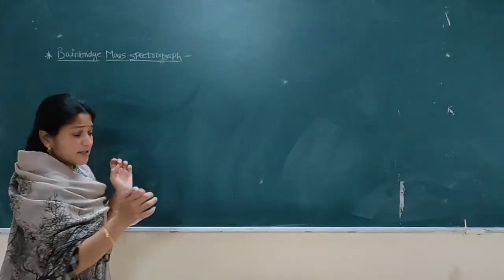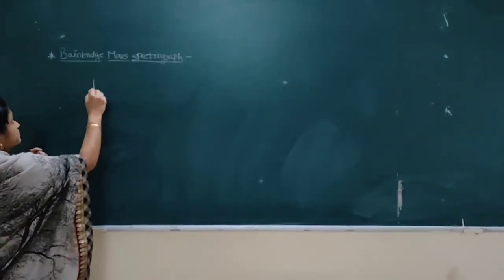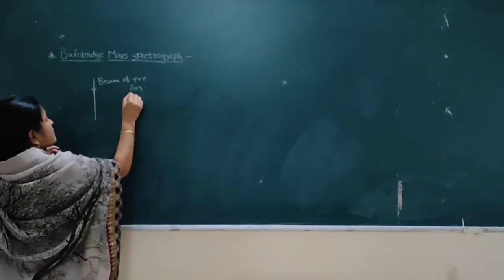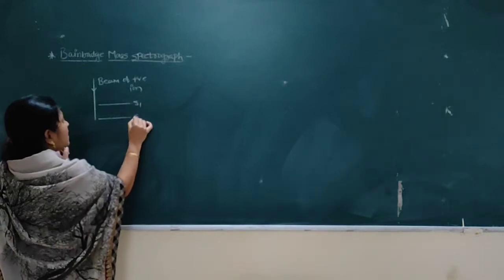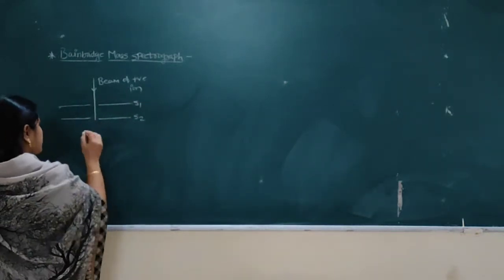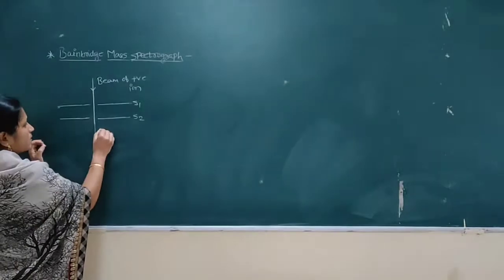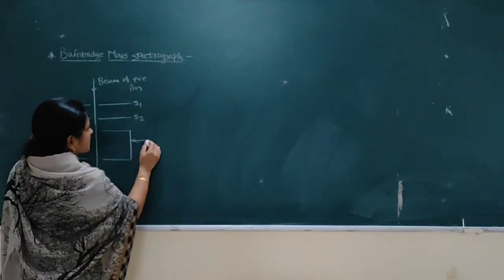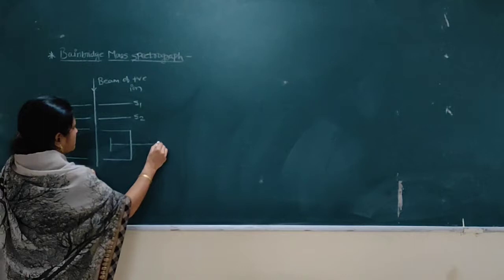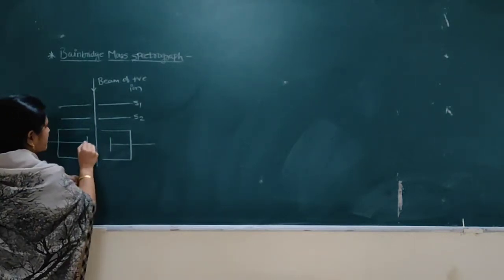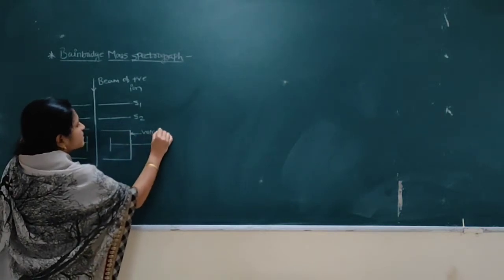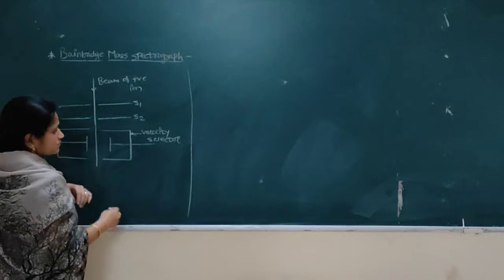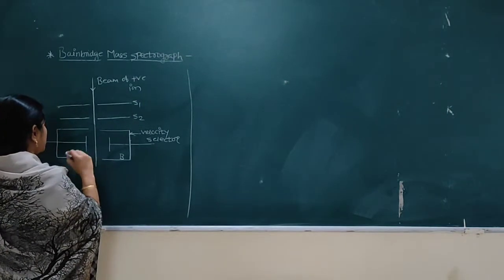Initially, I will draw a diagram. This is a beam of positive ions. These are the slits S1 and S2. Now this is the velocity selector, where a magnetic field is there.